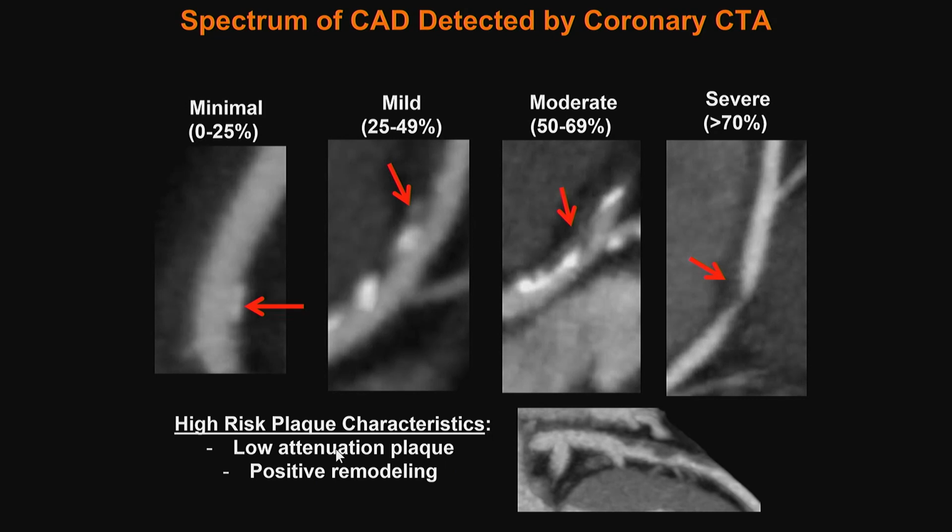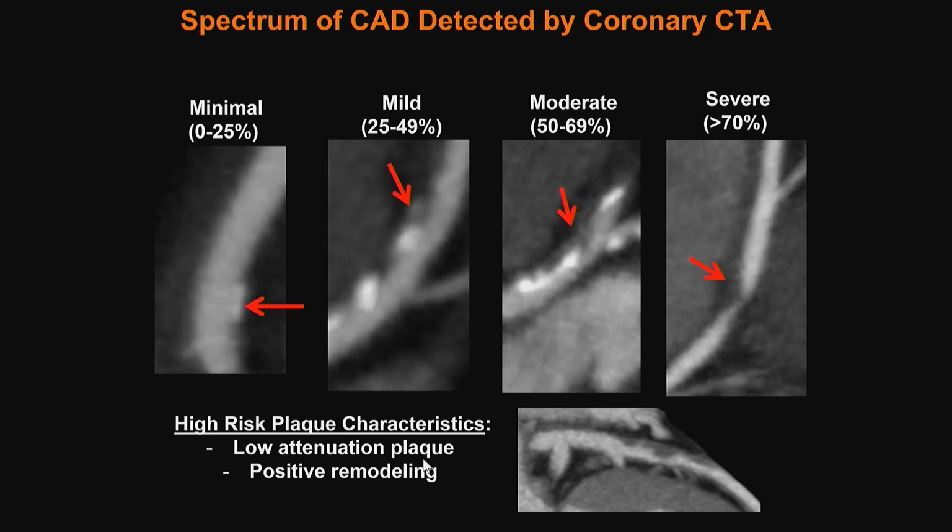Another characteristic, probably less important than these two, is spotty calcifications. But importantly, patients that do have these high-risk characteristics are more likely to have cardiovascular events on follow-up, and also these characteristics have been associated with lesions that actually cause ischemia.